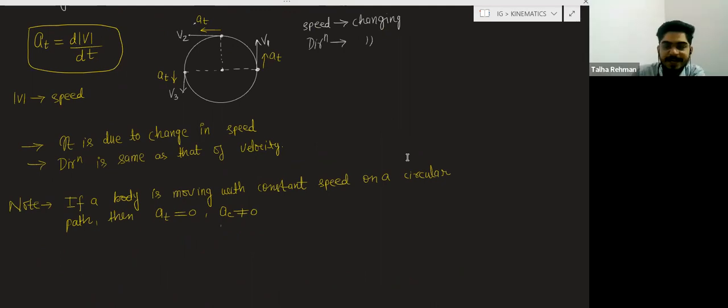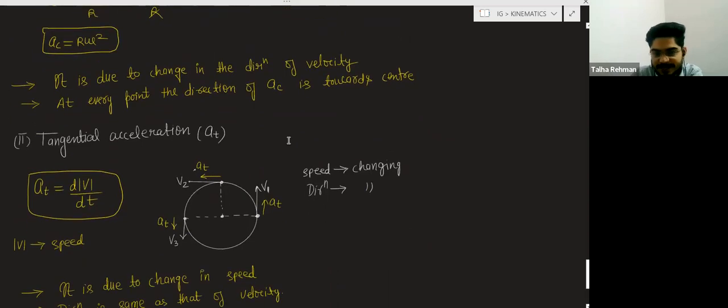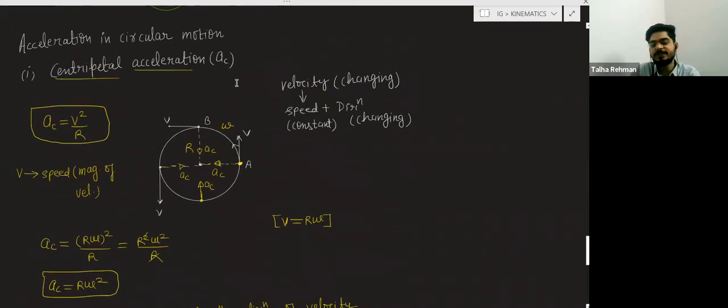Now the net acceleration. First is centripetal, another is tangential. So if at a point you want to calculate the acceleration, then we will add these accelerations vectorially, and we will get the total acceleration.